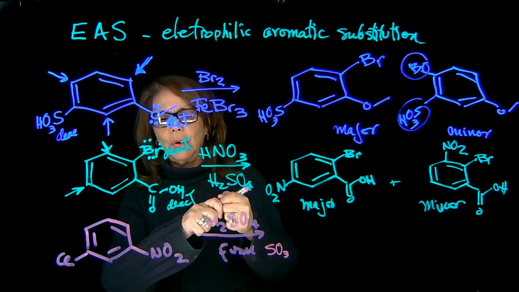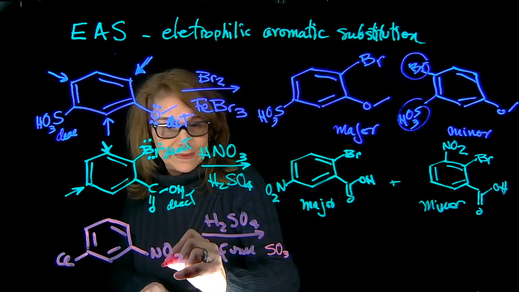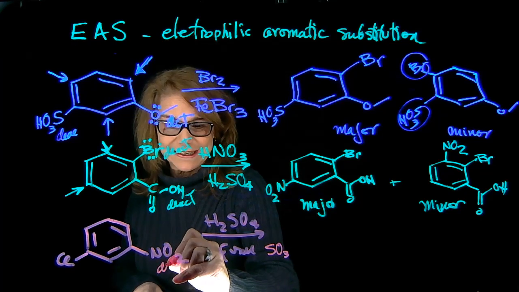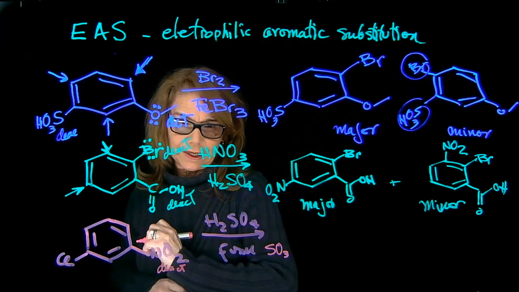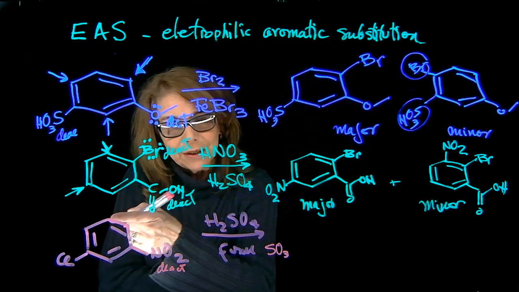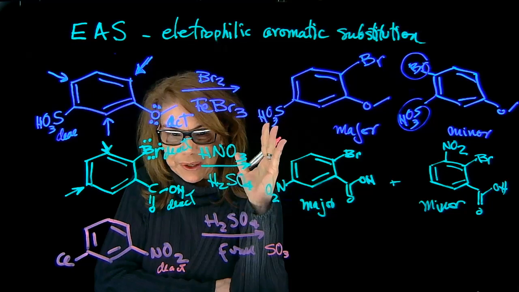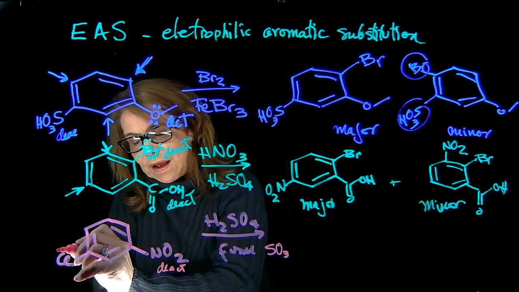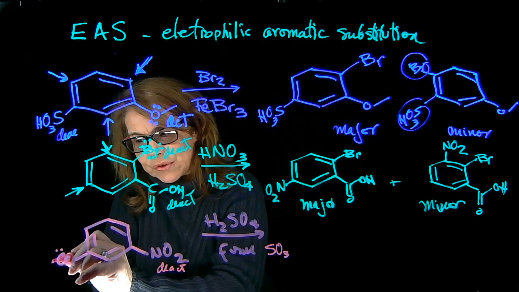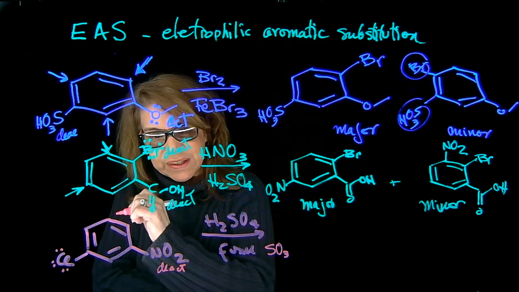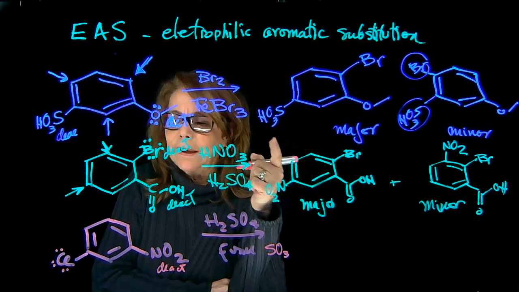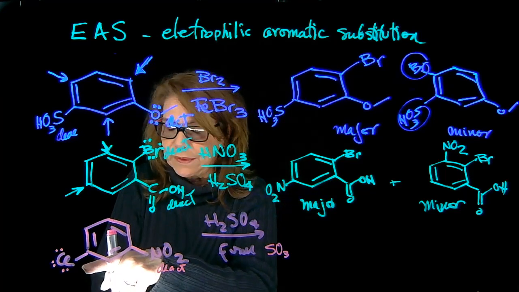Now, what are these groups? Nitro group is a strong deactivator, very strong deactivator. And chlorine, all of the halides, we said they are weak deactivators. And so the regiochemistry, where the substituent is going to be entering, is determined by the weakest deactivator.